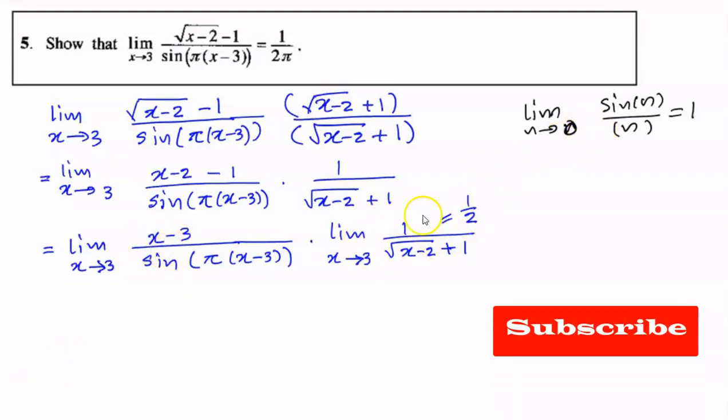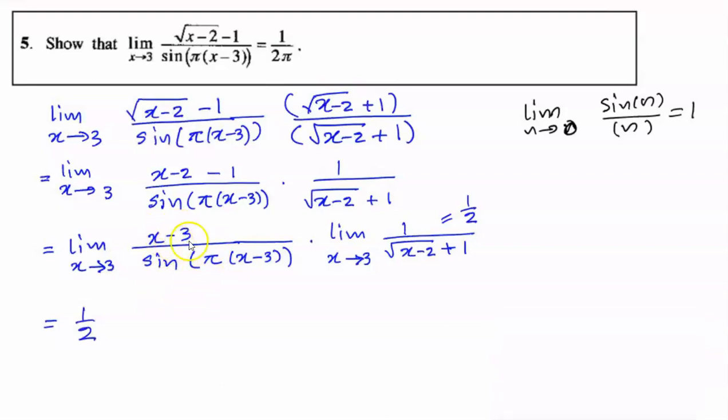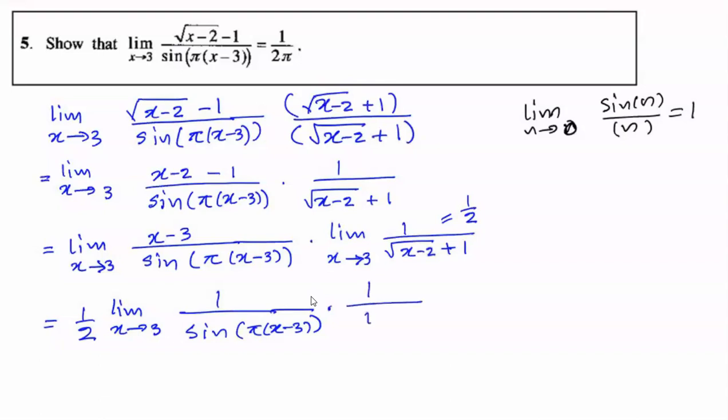So let me show you how we can change this to get that form in. First of all, let's look at this limit, which is 1/2, and put it in the front. Carefully look at this part of the limit. Now, how do I get this expression to look like that? I have the limit as x goes to 3. Instead of looking at the numerator as being multiplied by x minus 3, I'm going to leave 1 over sine pi (x minus 3), and multiplication on the numerator by x minus 3 is the same as division by 1 over x minus 3.